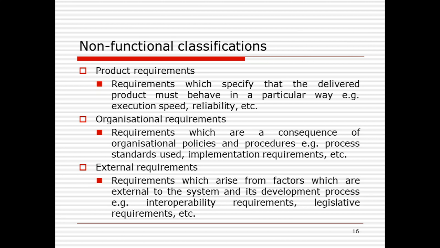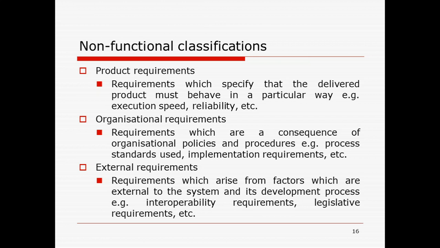Similarly, organizational requirement is where the requirements come as a consequence of organizational policies or procedures. Those are the constraints imposed by the organization for which the software has been developed. Suppose the organization uses some process standards, or there are implementation requirements, where some specific implementation procedure needs to be applied.